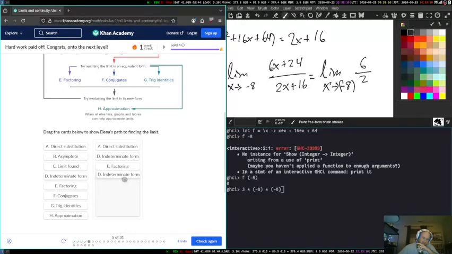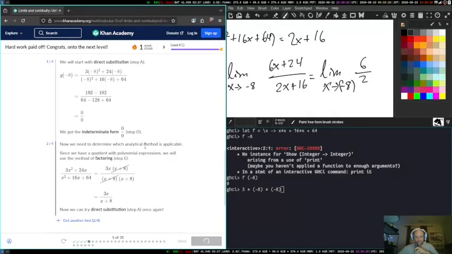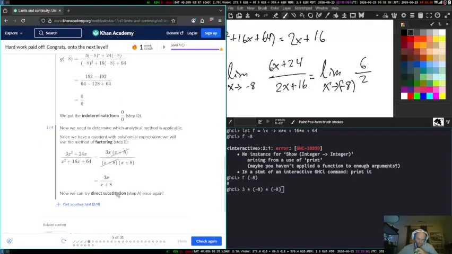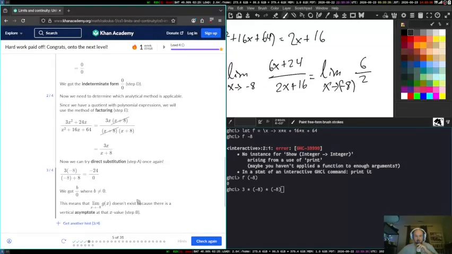Okay, let's try indeterminate form. Okay, let's try show a step. Yeah, I got that. Oh, right, 3x times (x plus 8). Okay, right, you could do that. That makes sense. See, I was just too lazy.